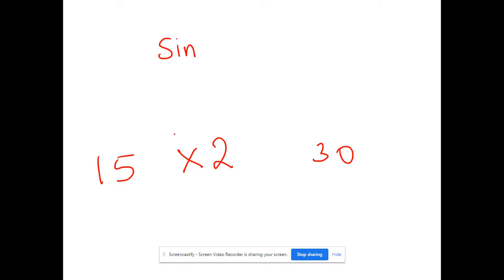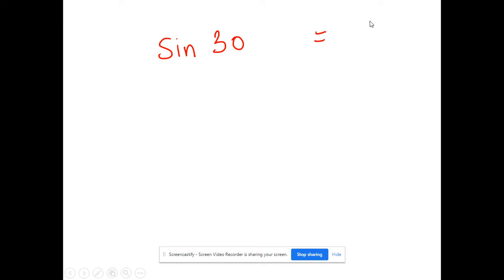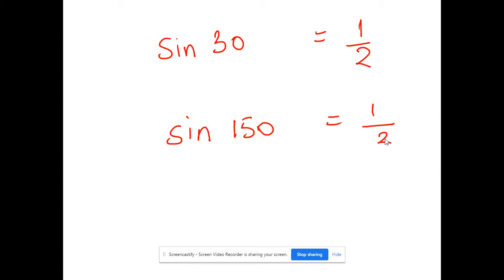The thing with sine is that you can get more than one input for the same answer. For example, if you put sine 30 into your calculator, it will give you 1/2. So 30 goes in and half comes out. But as well as 30, if I put sine 150 into my calculator, I will also get 1/2.